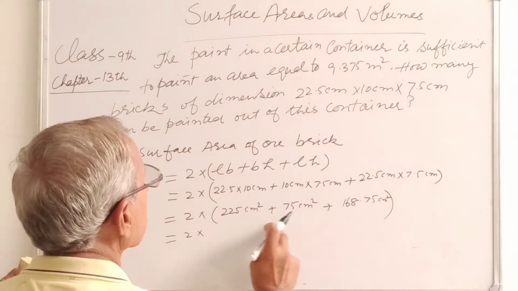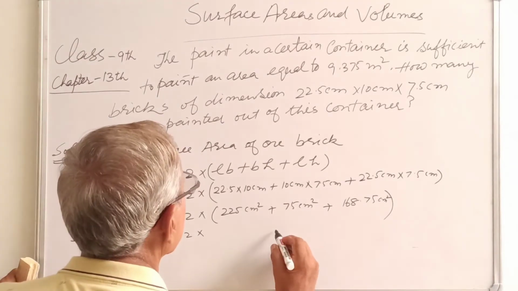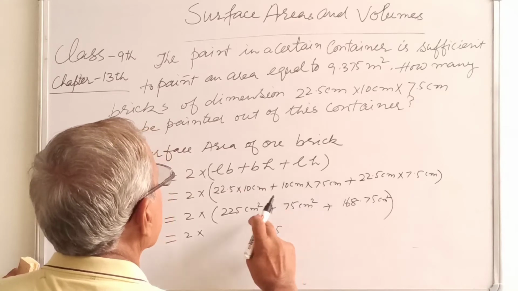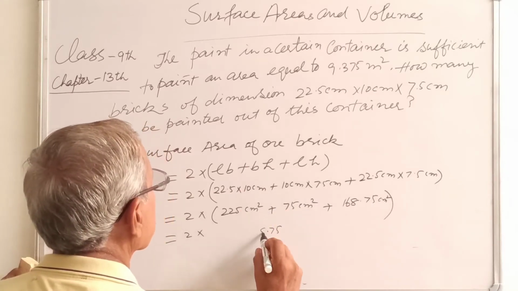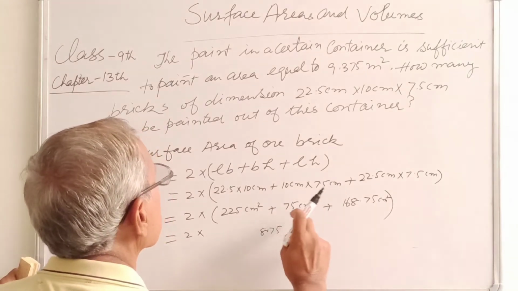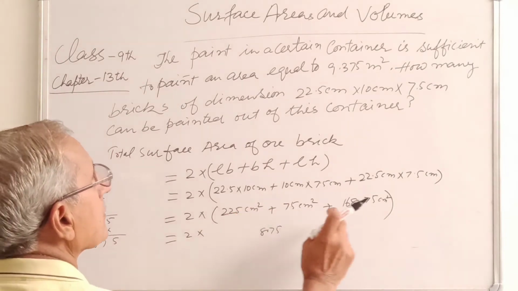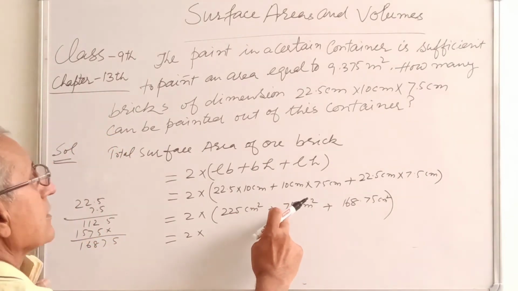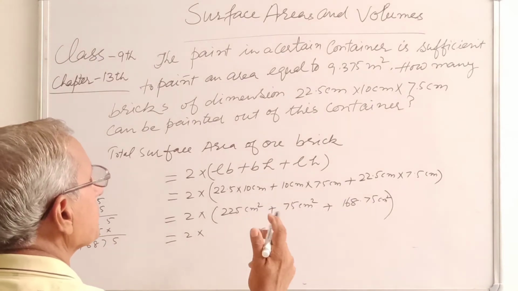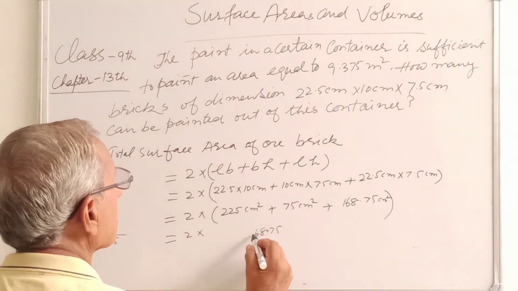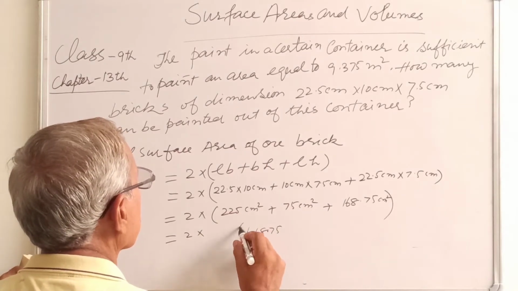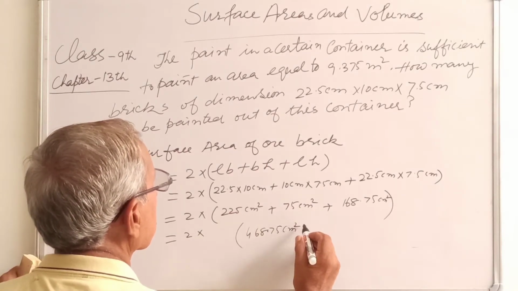So add all these, and we get 468.75 centimeter square.